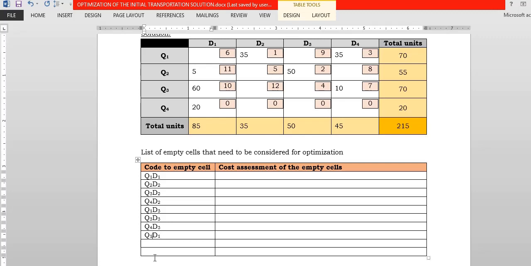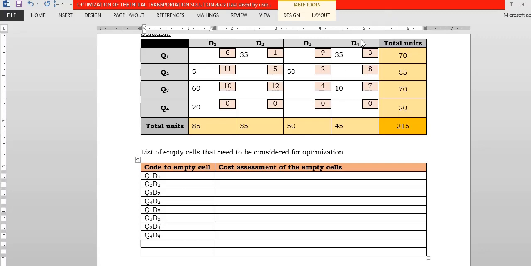So it is Q2D4. Then lastly, we have Q4D4.